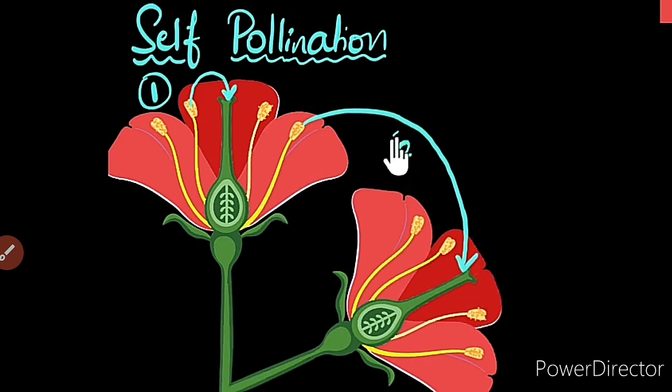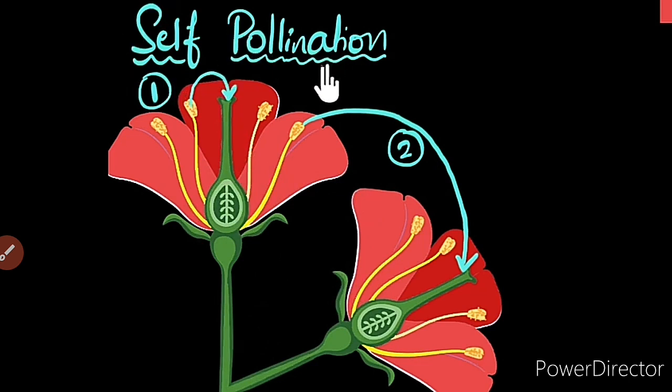Because the pollen grain transfers within the same plant, the plant is pollinating itself. So these are the examples of self pollination.